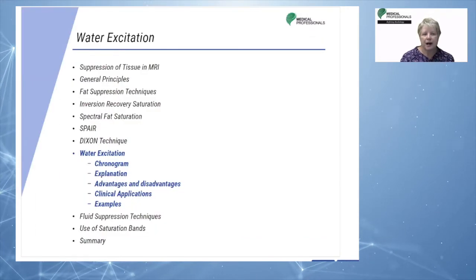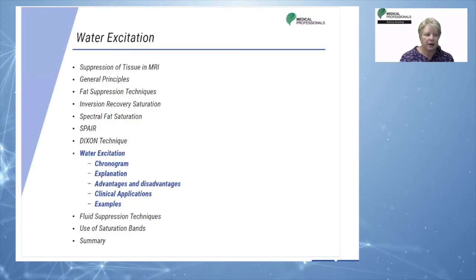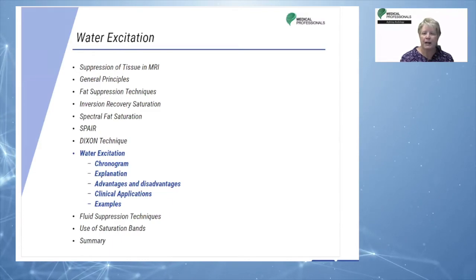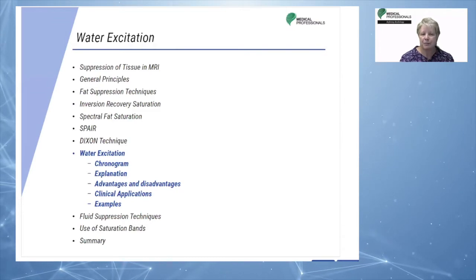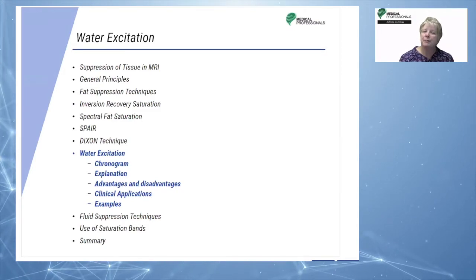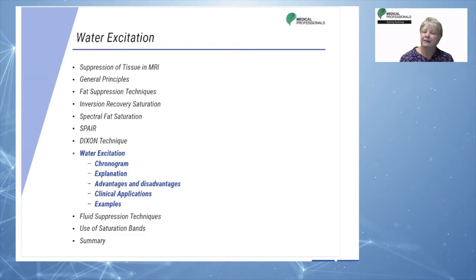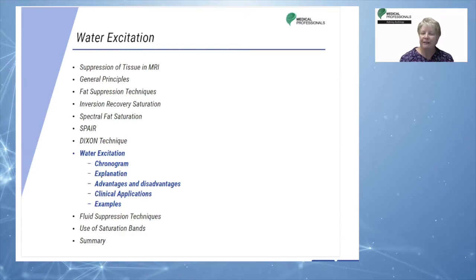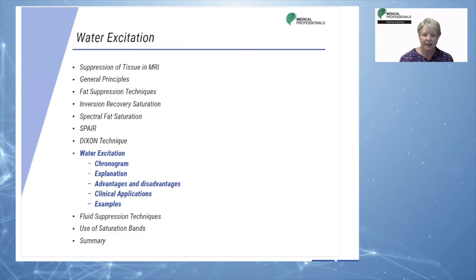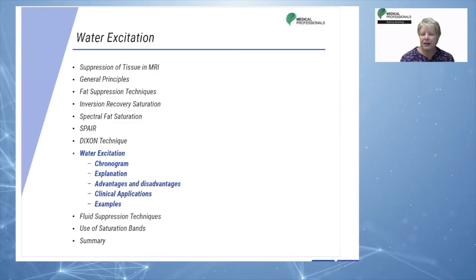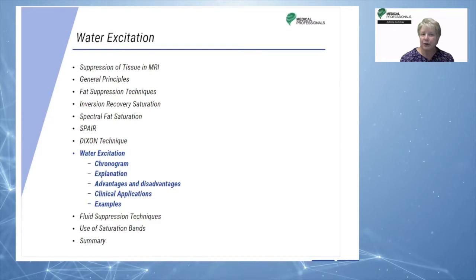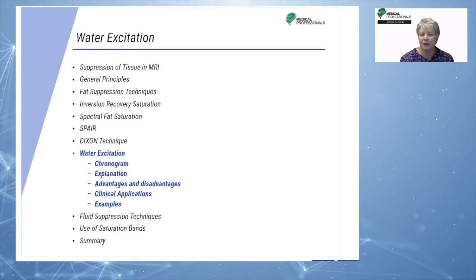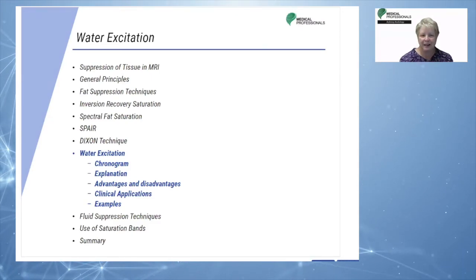The next thing we're going to start talking about is water excitation as a way to suppress the fat. Fat suppression can be done by exciting the water spins and only the water spins and leaving the fat spins unaffected. This is normally achieved by using a special type of RF pulse known as a binomial pulse separated with very precise delay times.